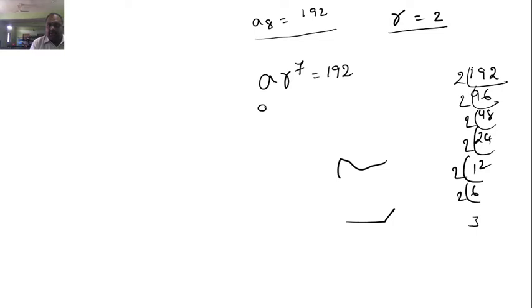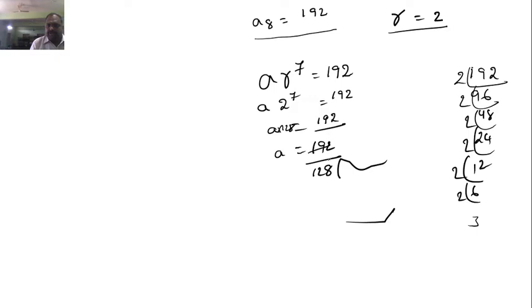Here A into R power 7, 2 power 7, is equal to 192. So A is equal to 192 by 2 power 7, which means 128. A is equal to 192 by 128.